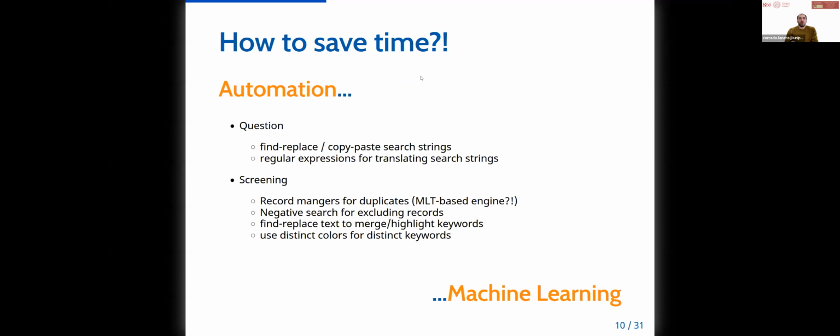Okay, so how can automation save you time?